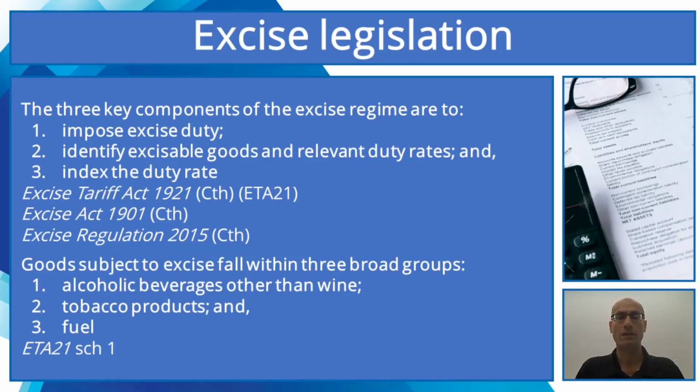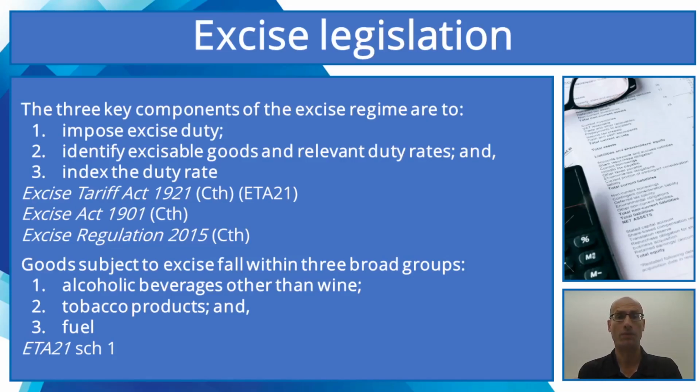Now, this is still functionally a revenue-raising exercise. And so the fuel excise functionally is designed to help fund other areas of the Commonwealth, whereas alcohol and tobacco are really there for policy reasons, to try and discourage people from actively going and wrecking their lives by smoking too much and drinking too much.